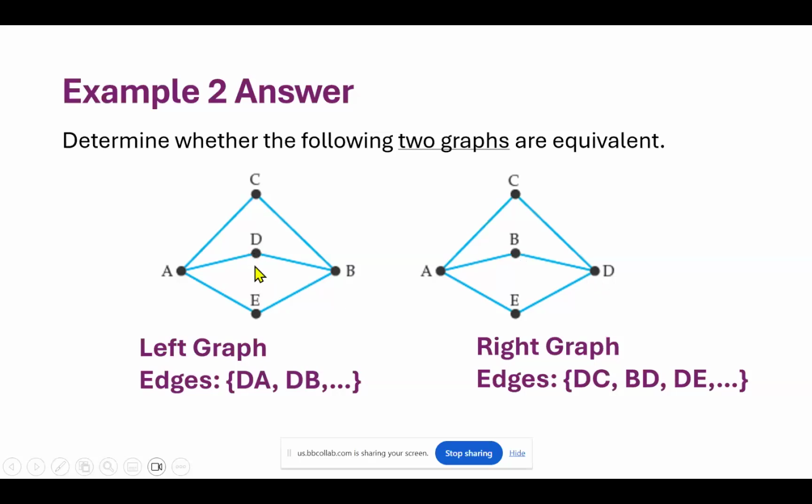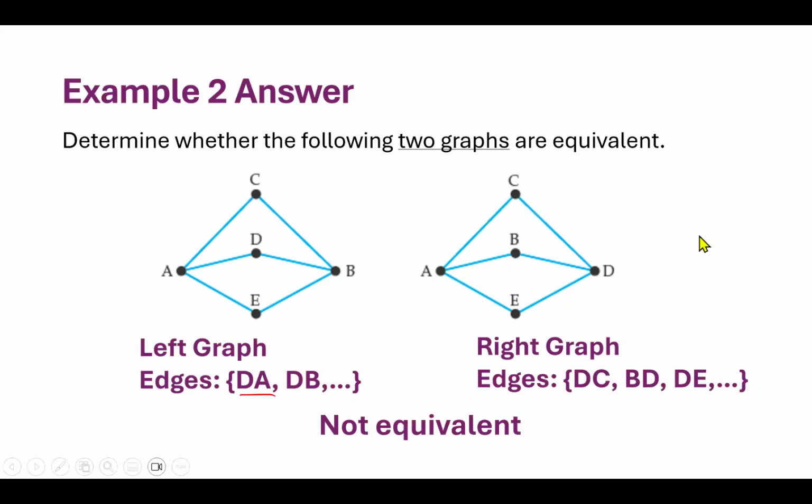But if you analyze the same vertex, for example D here has only two edges in this graph, connecting to A and to B. On the other graph, D now has connections to E, B, and C. So these would not be equivalent because of that. So the way that you label your vertices may create different graphs. Not necessarily, but this is an example where it does.